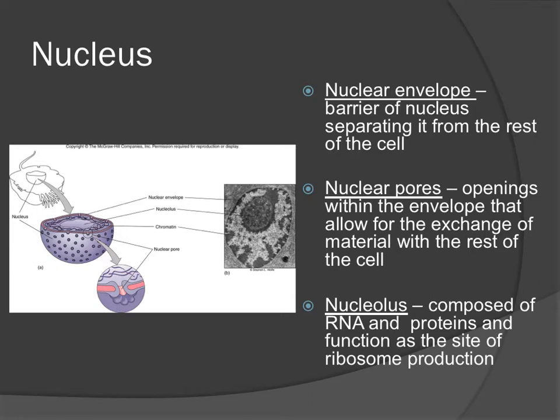Now, the nuclear pores regulate the passage of macromolecules like proteins and RNA, but they permit free passage of water, ions, ATP, which is our energy, and other small molecules. Then you have the nucleolus that's composed of RNA and proteins and functions as the site of ribosome production.